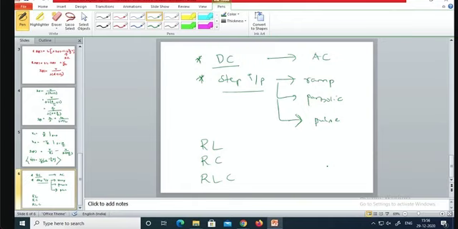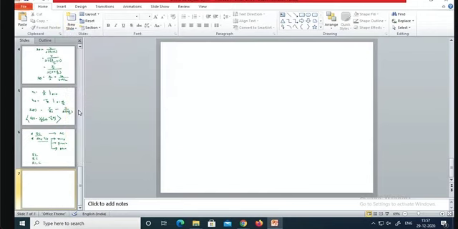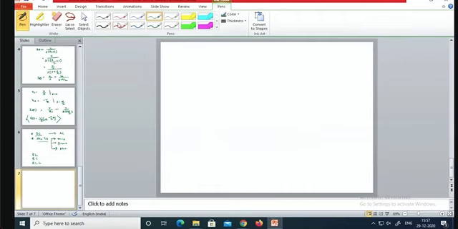Okay, so this is what the application of Laplace transforms for getting a response in a DC, RC, and RL network. Okay, so now let us apply the Laplace transform to the circuit analysis. Let us take one example here, and we can conclude. Application of Laplace transform to circuit analysis.